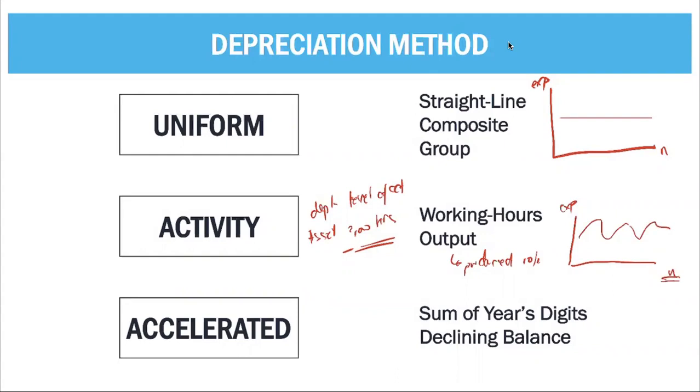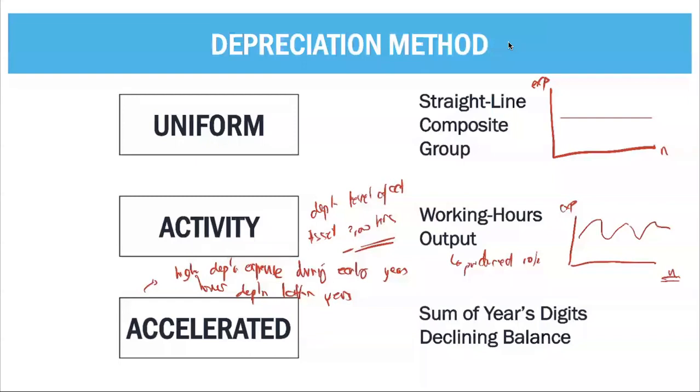Accelerated. When we say accelerated, we have two: sum of the years' digits and declining balance. In accelerated, we have higher depreciation expense during early years and lower depreciation during the latter years. So, sir, why is there a higher depreciation during early years?